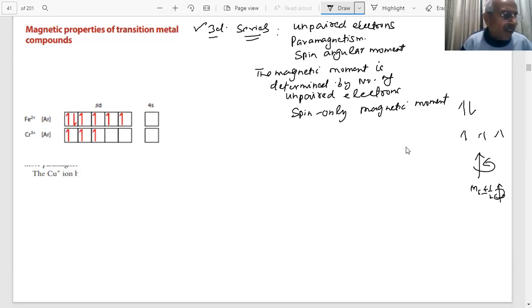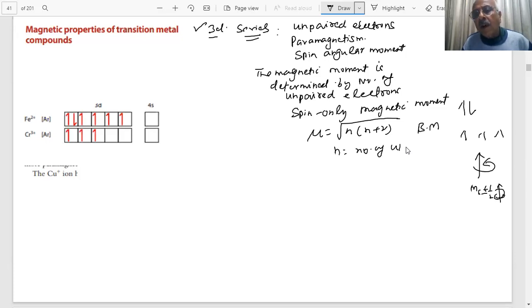The spin only magnetic moment formula is given like this, student. It is based on root of n(n+2), where n is the number of unpaired electrons and the unit is Bohr magneton. Bohr magneton is the unit, where n is the number of unpaired electrons. If I can calculate the number of unpaired electrons, then I can calculate the magnetic moment. Okay?